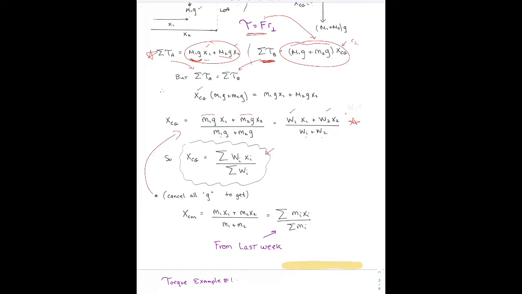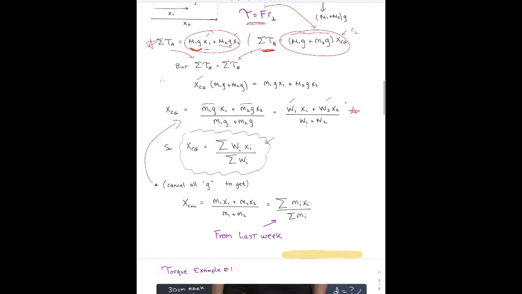So this is how you find the coordinate of the center of gravity. It reminds you of when we did center of mass. To find the x coordinate of the center of gravity, you go to each object's coordinate, multiply it by its weight, add them all up, and then divide by all the weights of the objects.